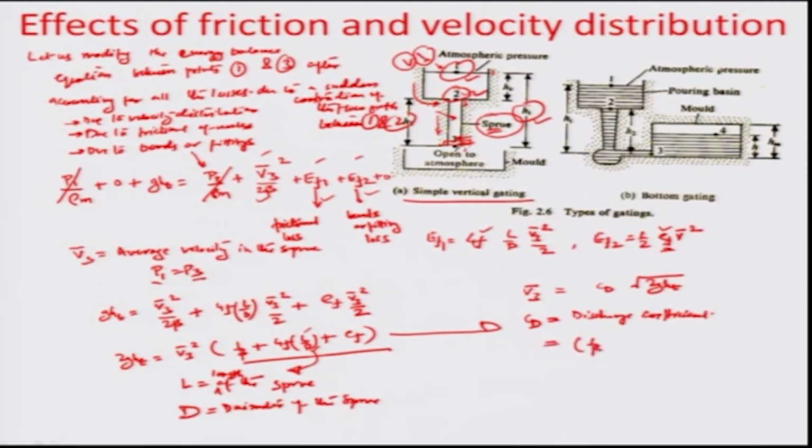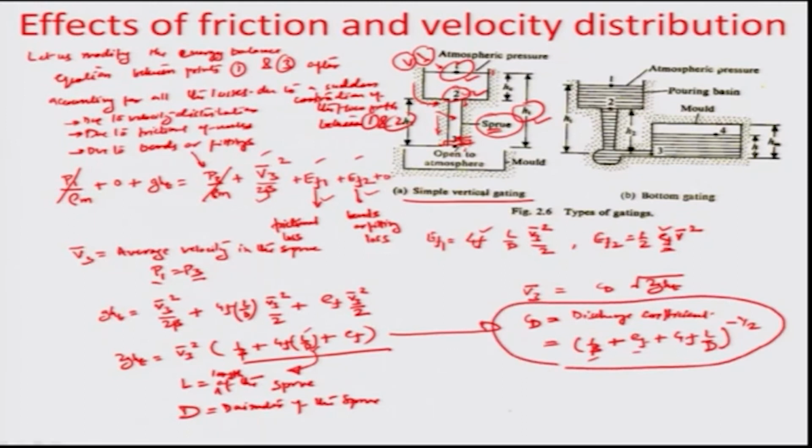This is represented as 1 by beta, the loss term because of the kinetic energy change due to velocity distribution, the loss term because of bending, contraction, expansion and so on, plus the frictional loss in the pipe, which is 4f L by d, all to the power of minus half. So, that is how you define the discharge coefficient.